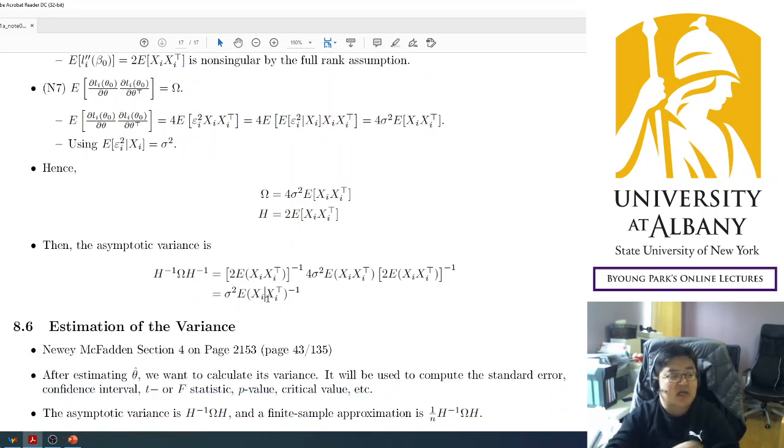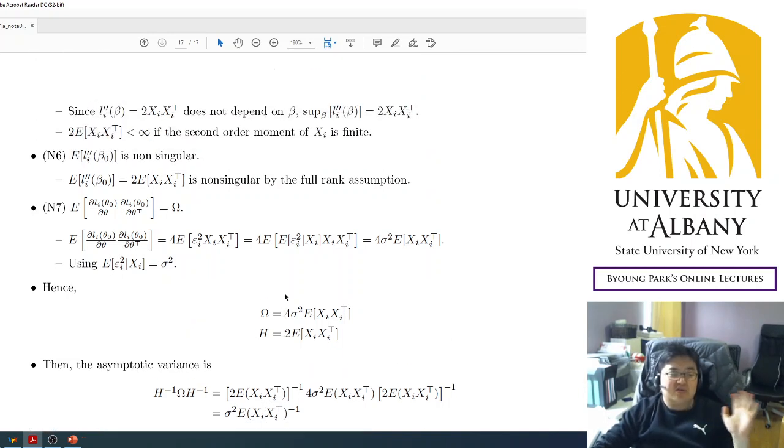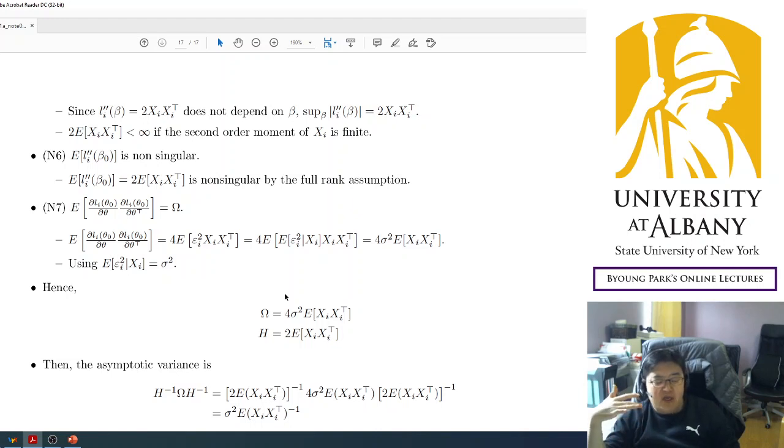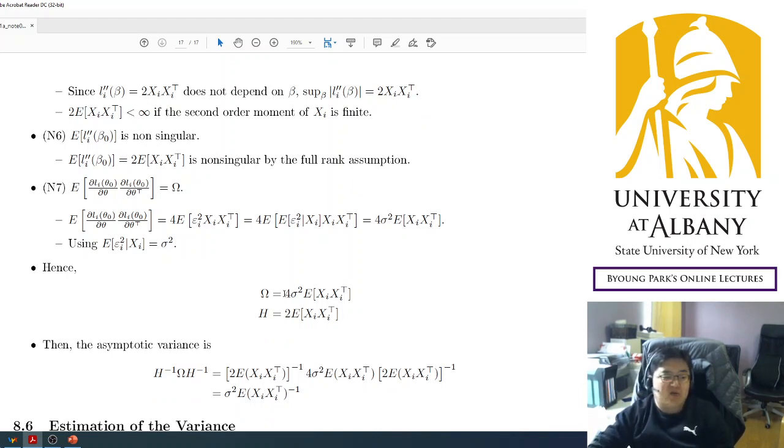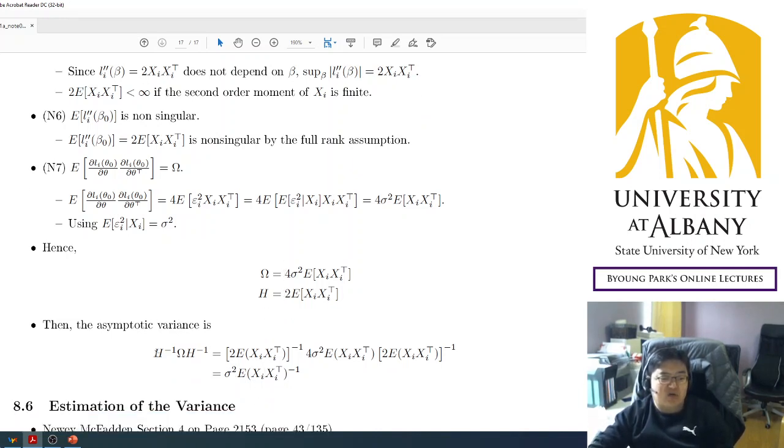Now let's think about estimation. So it is purely theory. In this case, we can calculate the asymptotic variance. To calculate the asymptotic variance, first you have to calculate the expected value of x x prime. It is easy. You can just calculate this using the sample mean of x x prime from the data.